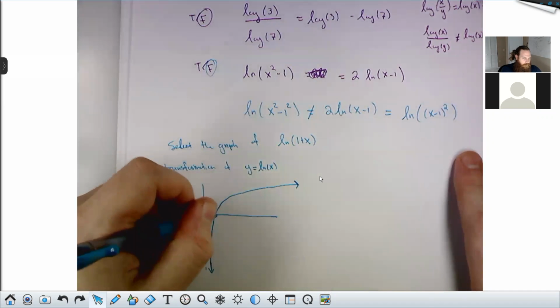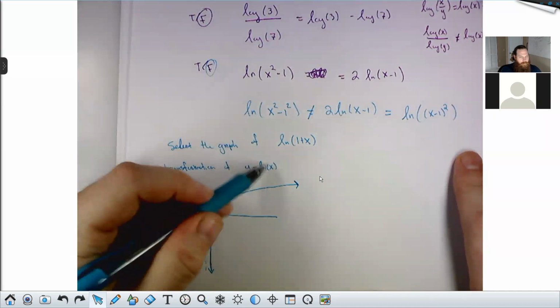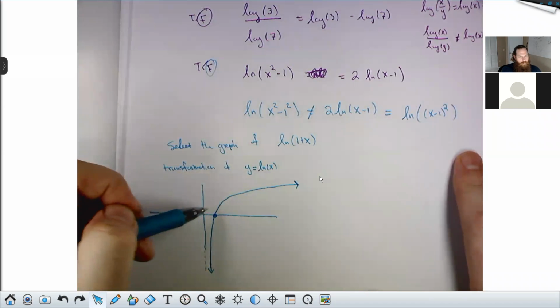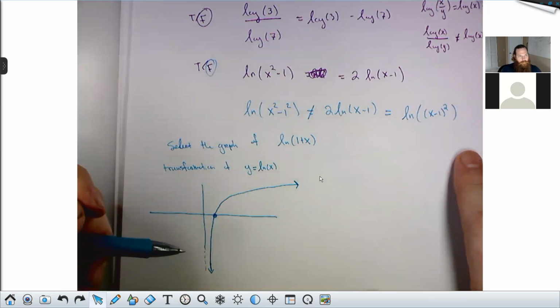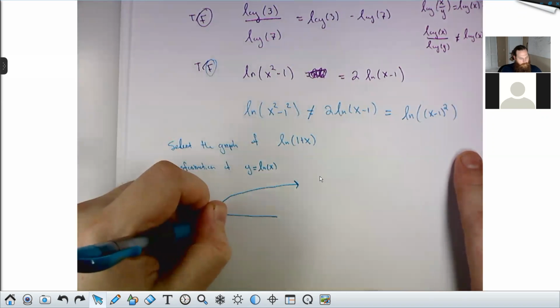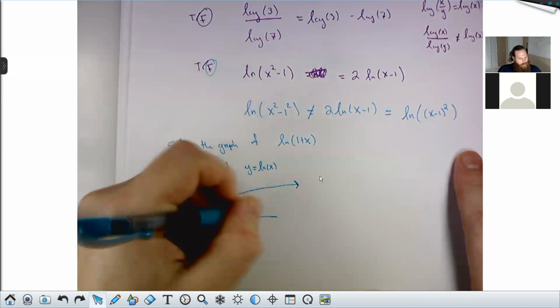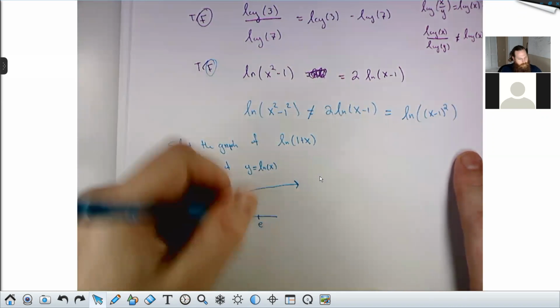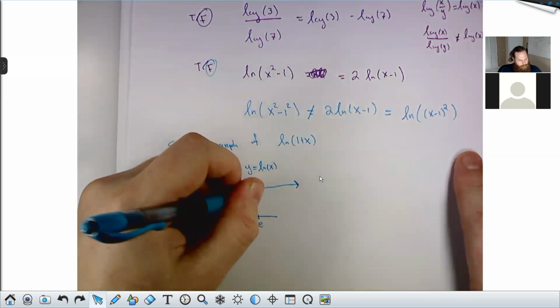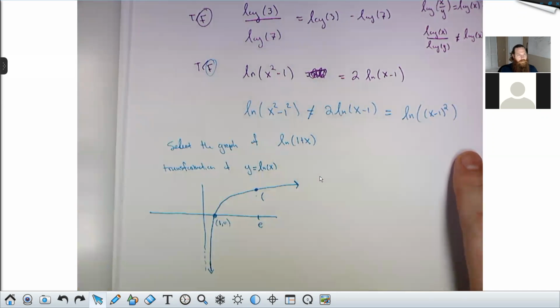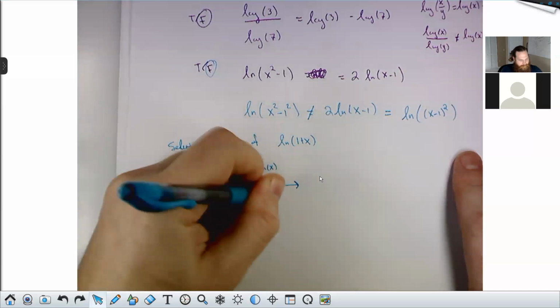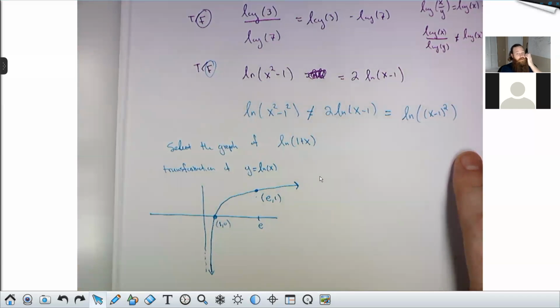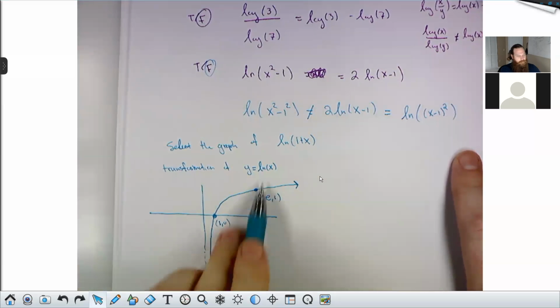What is this x-intercept here on the graph of ln x? Not the transformed one, but the original one. Good, 1, 0. If I come all the way out here to x equals e, what's the point on the original graph associated with x equals e? It would be e comma 1, because the natural log of e is 1.